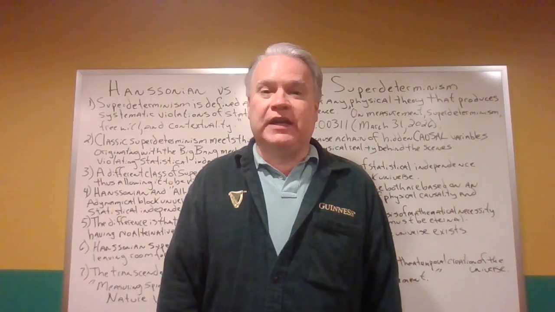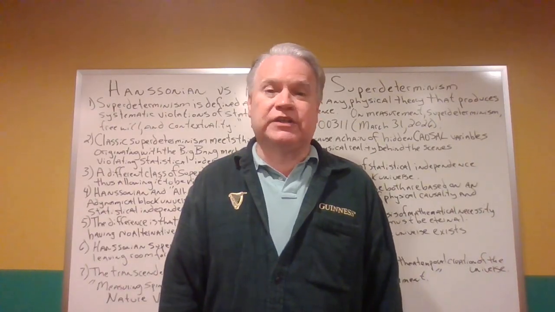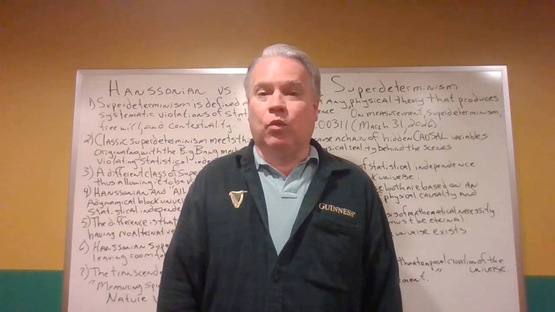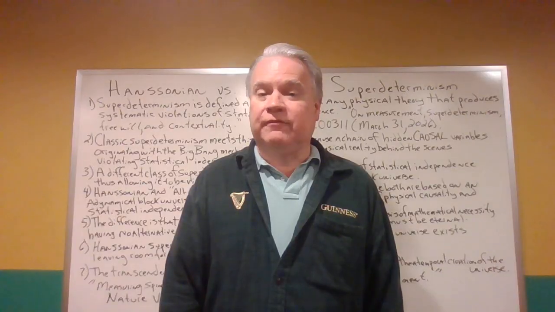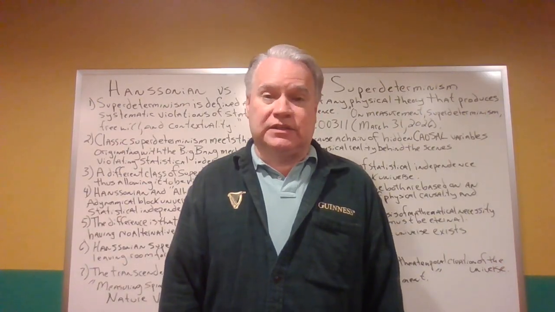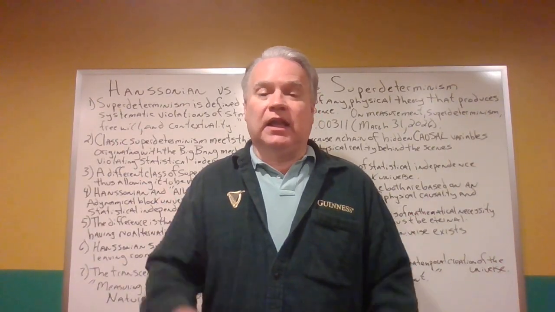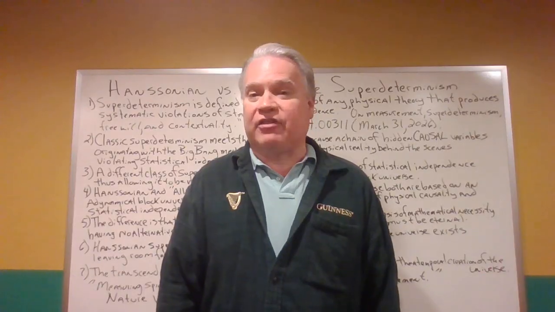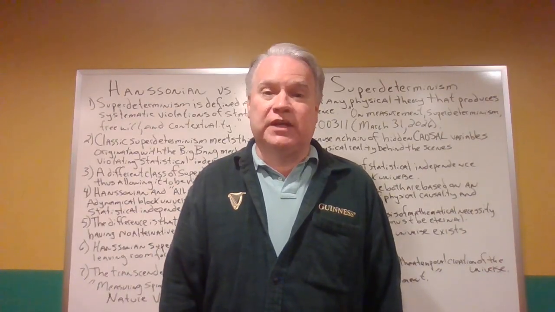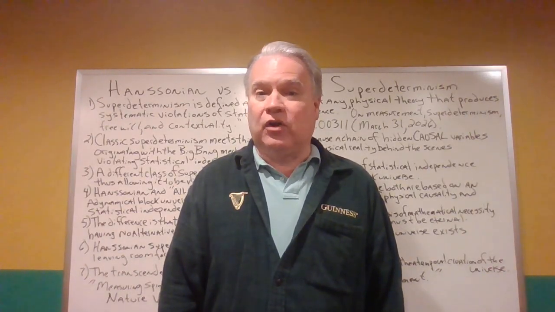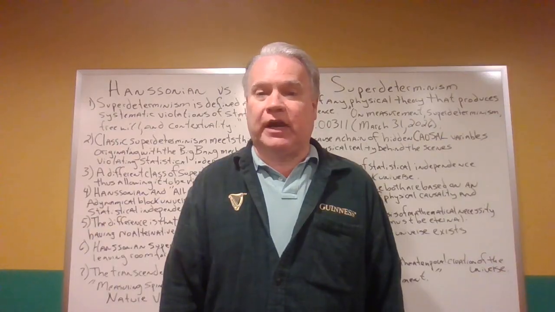It leaves room for the atemporal creation of our universe outside of space-time. Whereas the all-at-once version of superdeterminism does not. It claims that the universe is the result of mathematical necessity and therefore must be eternal and could not have been atemporally created.